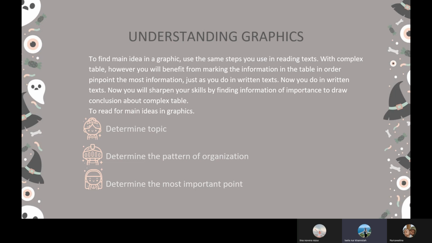You will sharpen your skills by finding information of importance to draw conclusions about a complex table. To read for main ideas in graphics, the first, you should determine the topic, and the second, determine the pattern of organization, and the third is determine the most important point.